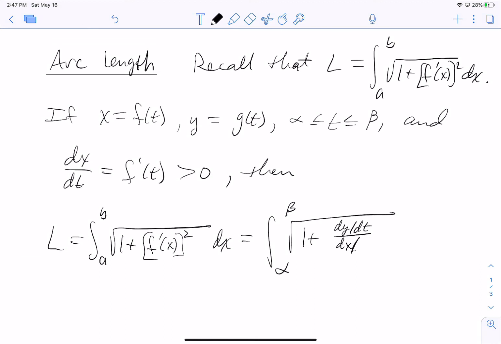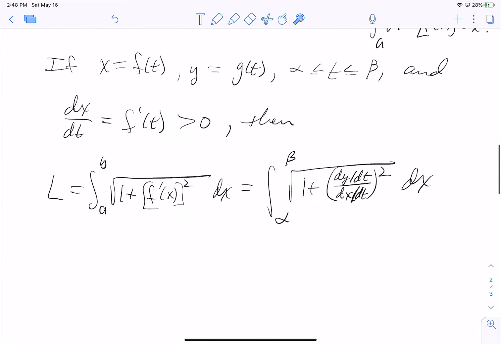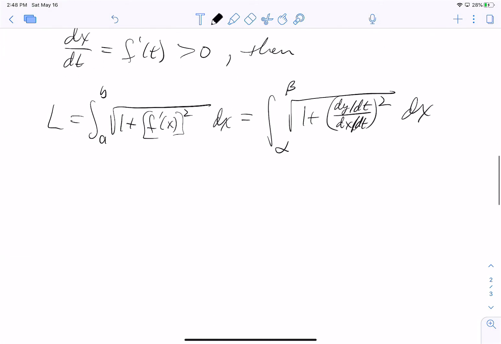Our input variable, though, is t for our functions. x is f of t, y is g of t. So let's introduce a dt here, the differential of t, and I'm actually going to multiply and divide by dt here. So we have tacked on dx dt dt.